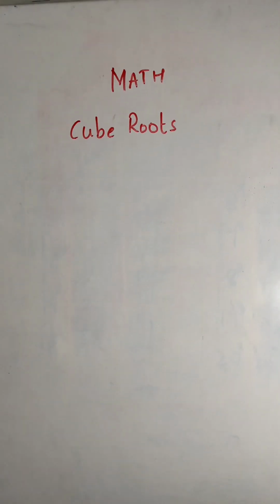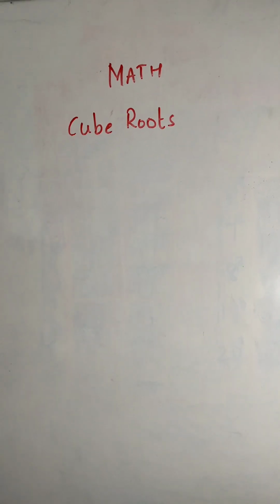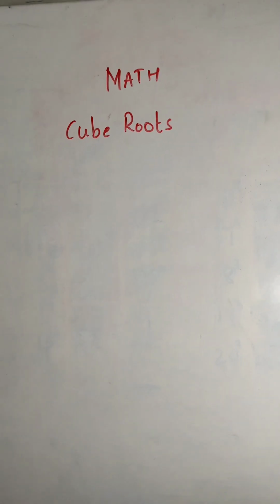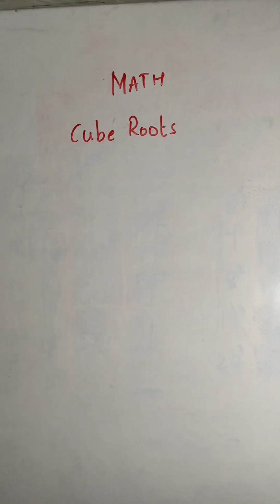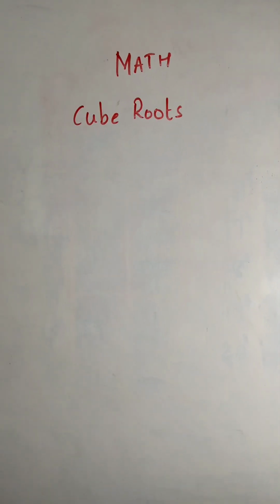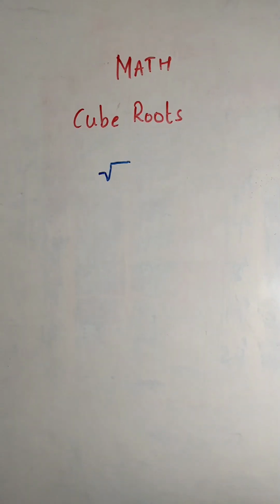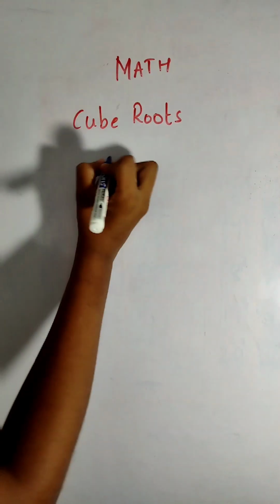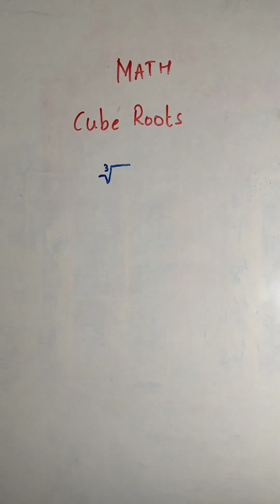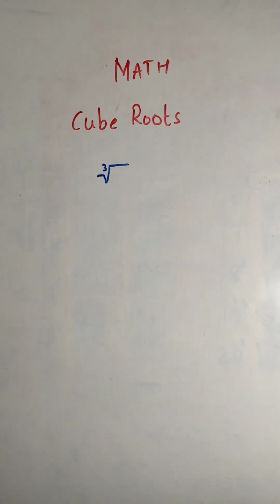So, for example, first let me show you how to denote a cube root, or how to tell that I'm trying to take a cube root of this number. We've seen the square root symbol looks like this, but by just adding a 3 over here, this means that we are taking a cube root of the number.